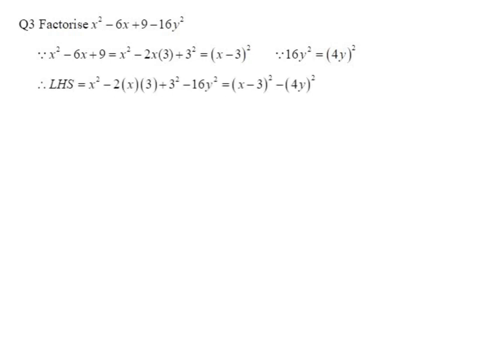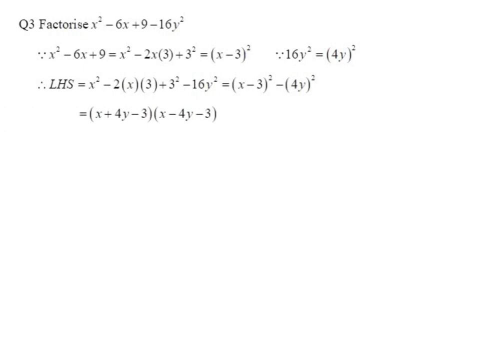After carefully observing the question, we find the first three terms can form a perfect square, as shown here. x² − 6x + 9 can be expressed as x² − 2 times x times 3 + 3², and it becomes (x − 3)², while 16y² actually is (4y)².